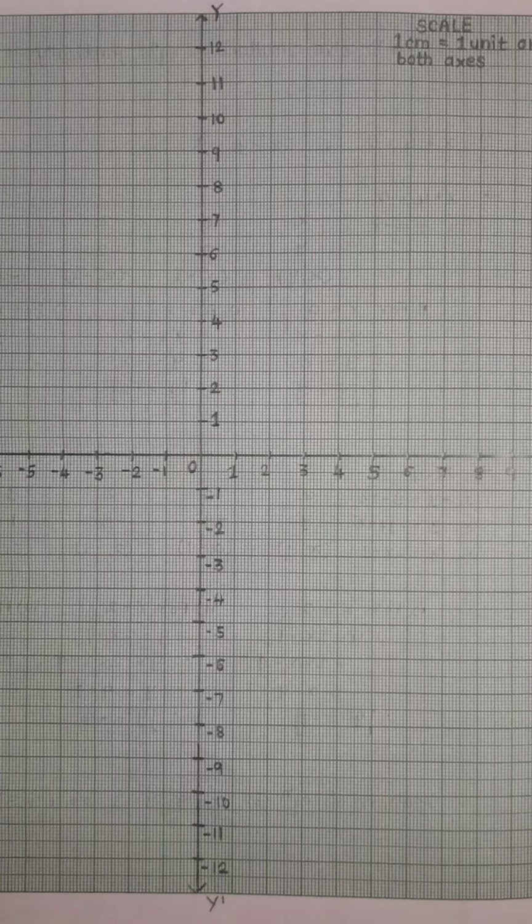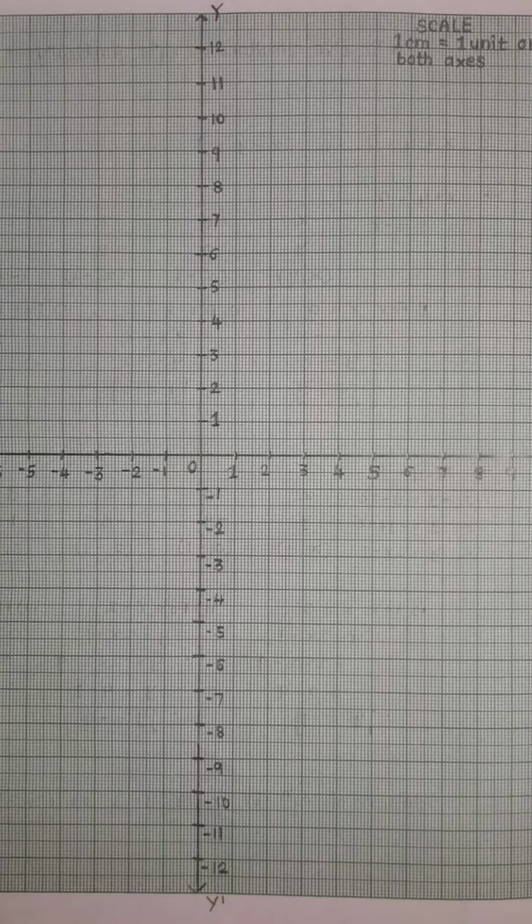So in the first equation we found the 4 ordered pairs. In the same way we have to find the 4 ordered pairs for the second equation. Now see, the second equation is x minus y is equal to 4. This equation also we have to convert.